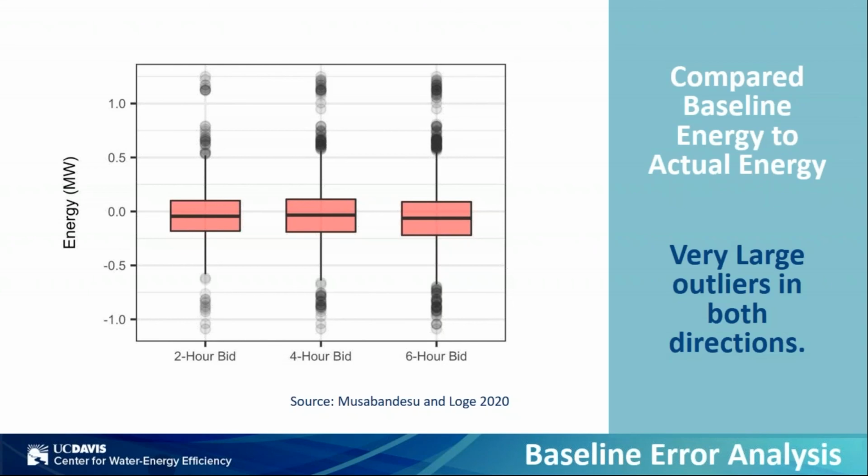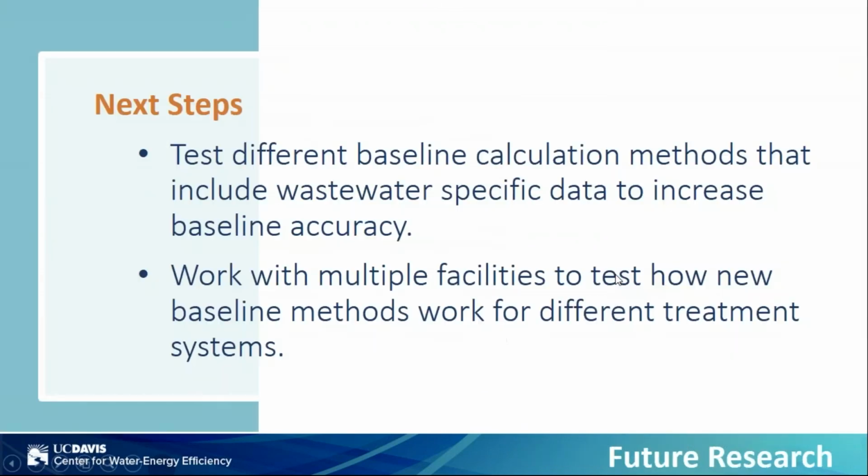And as part of this pilot, the operators mentioned their hesitancy to want to participate because of this uncertainty. So I think that's an area that could really benefit from increased research, and so that leads into our next steps.